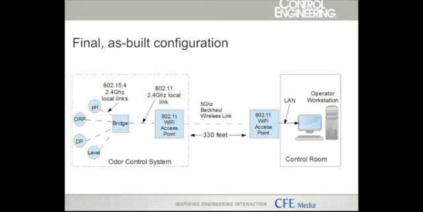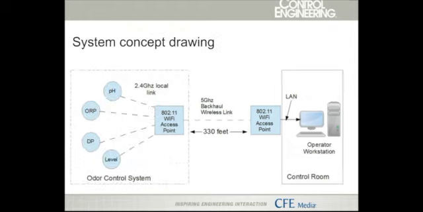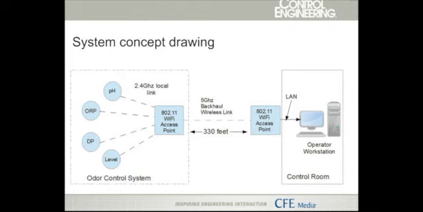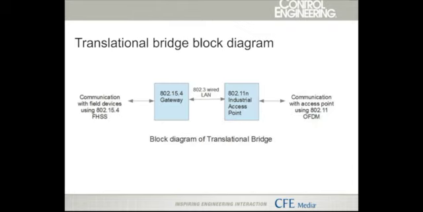And the rest is the same. We communicated using a 5 gigahertz channel backhaul to the control building. Compare that to the original concept. As you can see, we use the bridge finally.